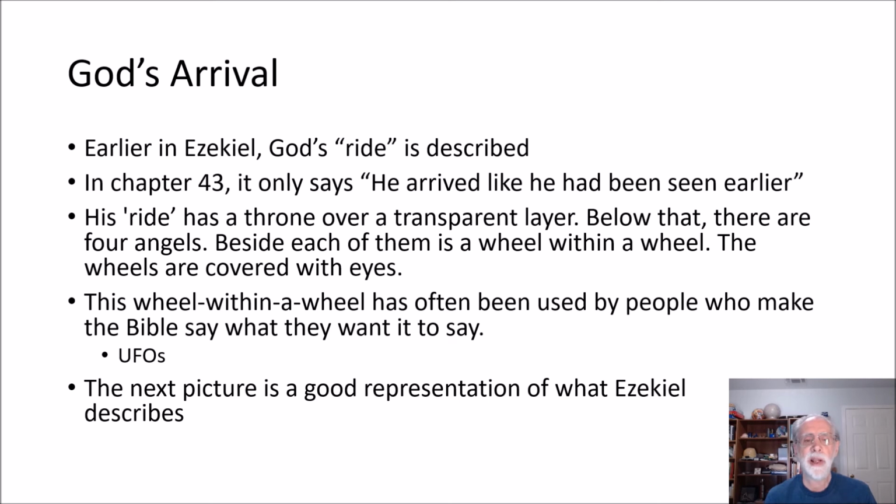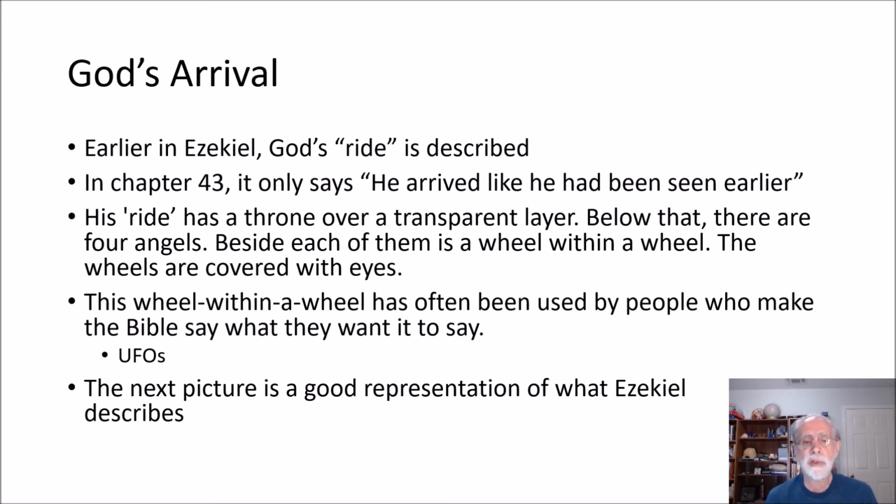Below that transparent layer, there are four angels. These four angels are the ones who motivate the vehicle to move. They're the ones who make it go in the directions that it goes. And beside each of these angels, there's a wheel within a wheel, and that has received more attention than it deserves. We'll talk about it right away here.